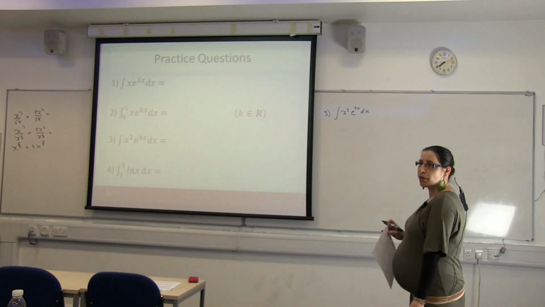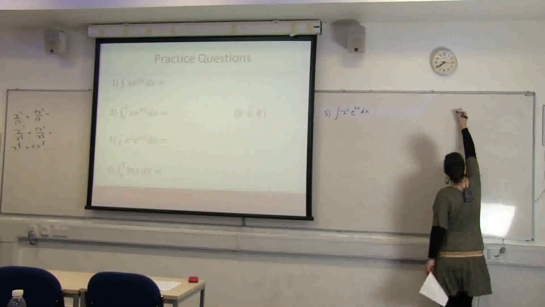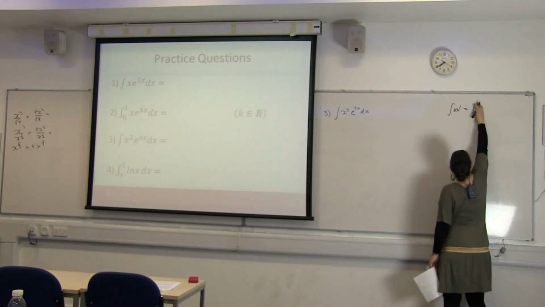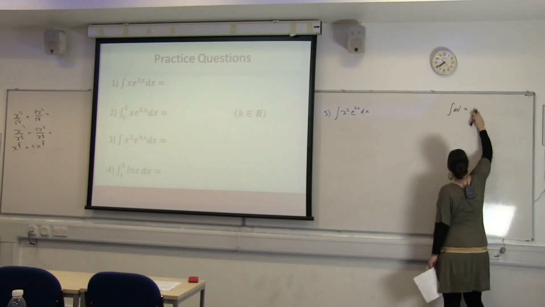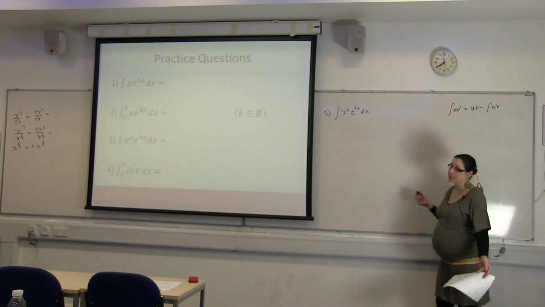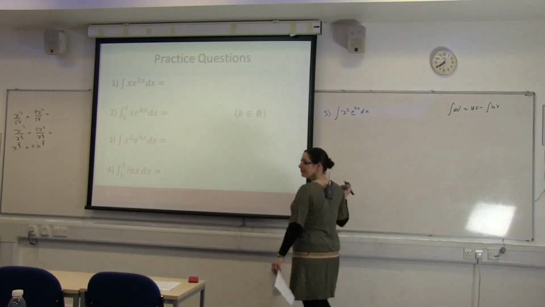Which is that function? X squared. So, again, the rule, integral uv prime equals uv minus integral u prime v. Yes, you have to do it twice.